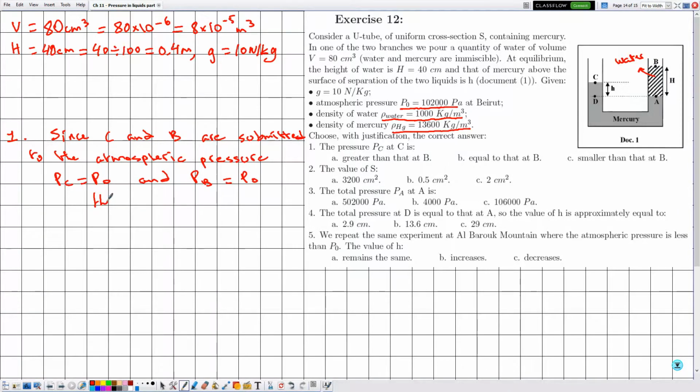In this case, the pressure at the point C is equal to the pressure at the point B, and the correct answer is B.